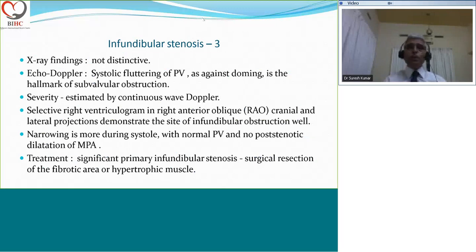And you can do an RV angiogram in the AP and lateral projections to show the site of obstruction. You'll find that the narrowing is certainly more during systole and the pulmonary valve opens well. MPA is not dilated. Being infundibular stenosis, it would require surgical resection of whatever is the reason for the obstruction.